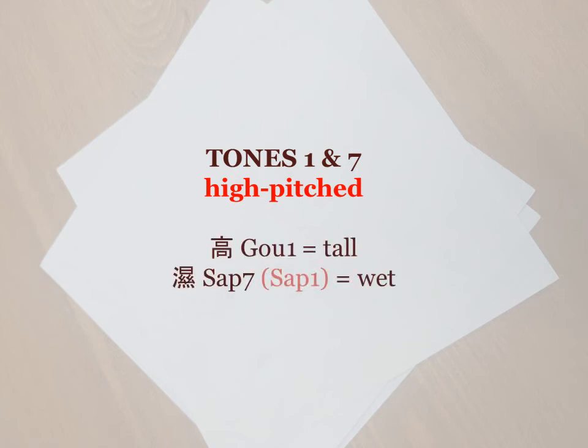Go, go, meaning tall. Sup, sup, meaning wet. And again here the AP is more like up. So sup meaning wet and not sob or sap.